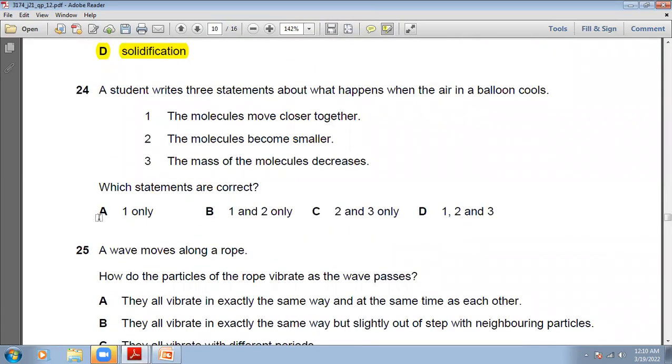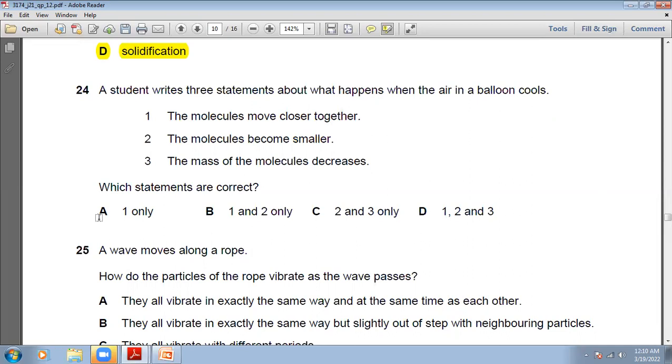A student writes 3 statements about what happens when the air in a balloon cools. The molecules move closer together. That is true. When the temperature drops, the molecules of the air come close together. The molecules become smaller. That is not possible. When the temperature drops, the molecules do not become smaller. The mass of the molecules decreases.